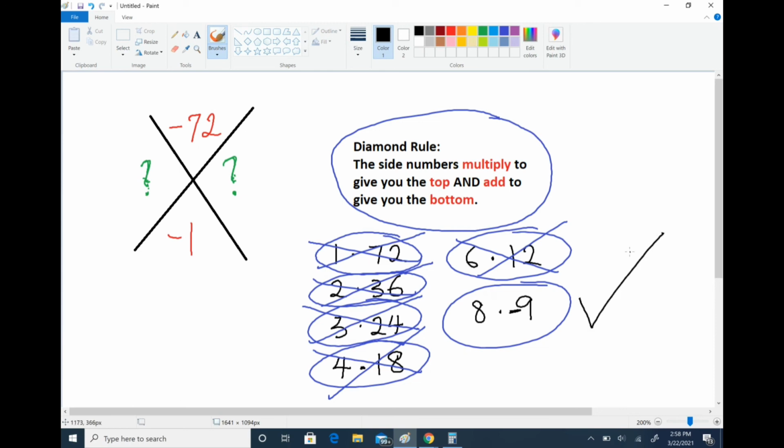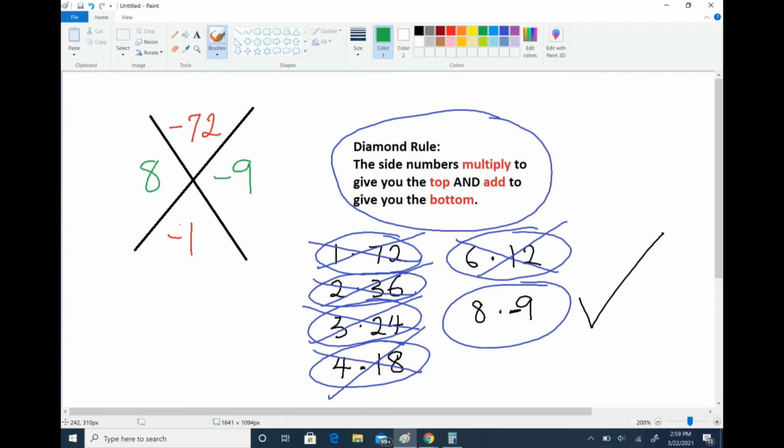So this is the combination that I want. 8 and -9 is the combination that we want for this problem, because 8 times -9 is -72, and 8 minus 9 gives me -1.